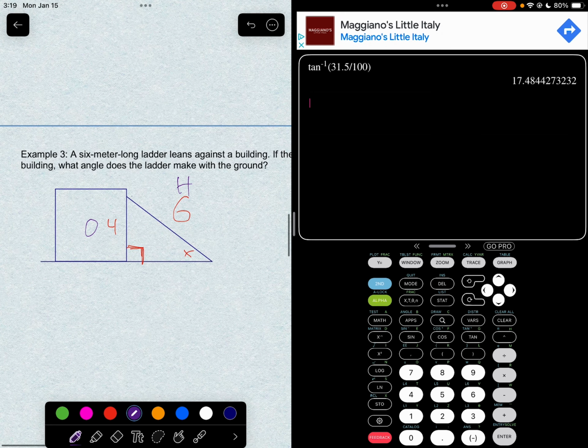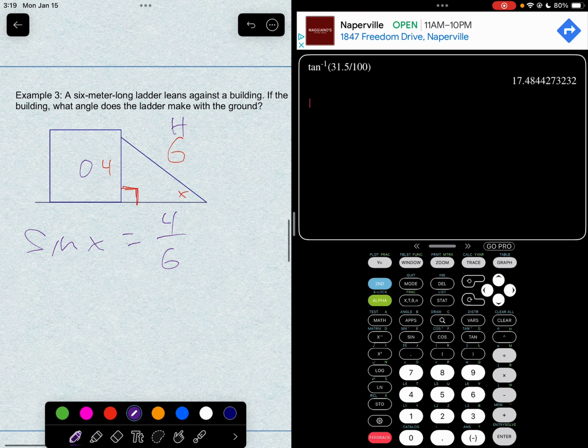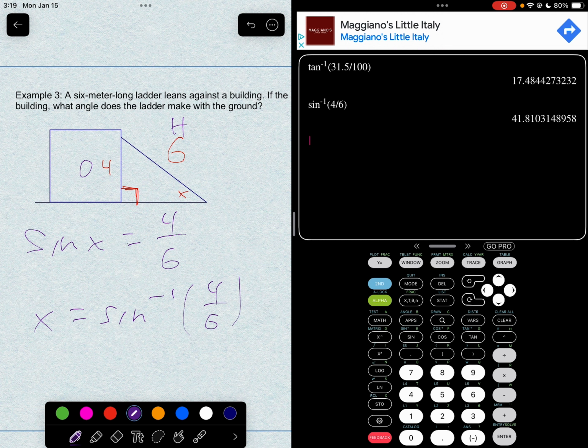That's going to be sine of x equals opposite over hypotenuse. So using inverse, we have x equals sine inverse 4 over 6. And that's what goes into our calculator, sine inverse of 4 over 6. And the angle the ladder makes with the ground is 41.81 degrees.